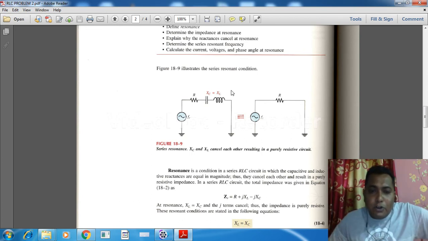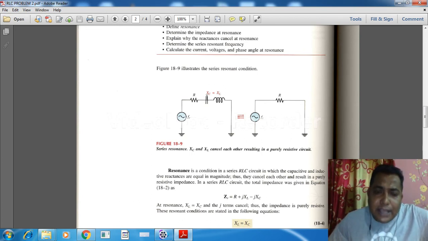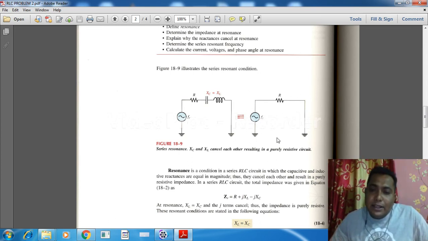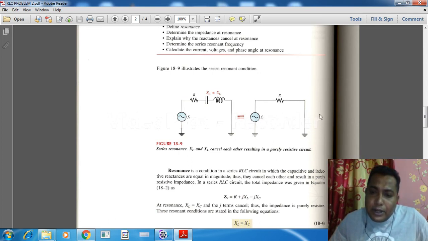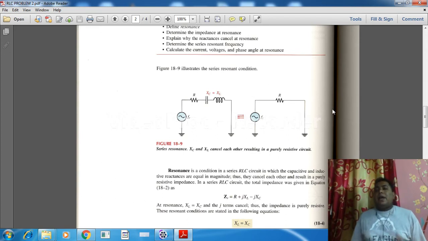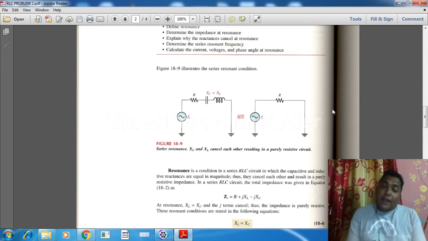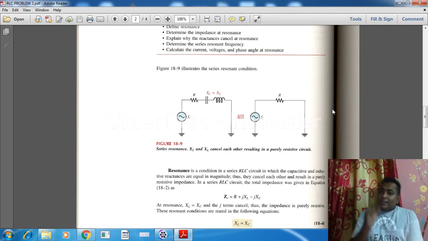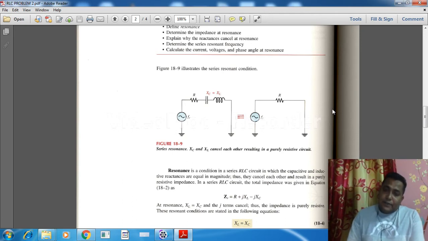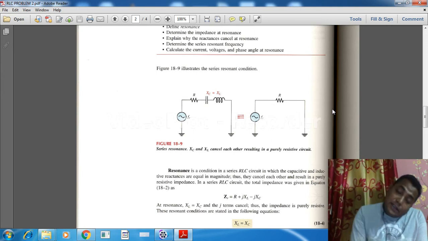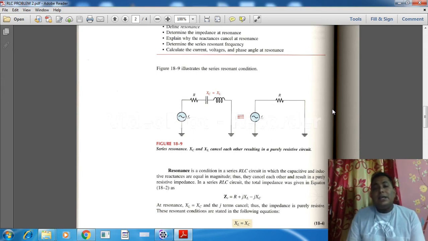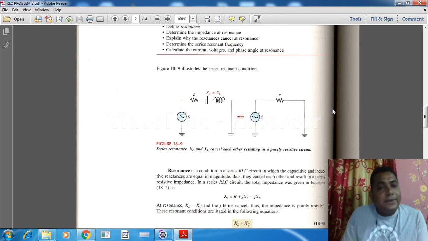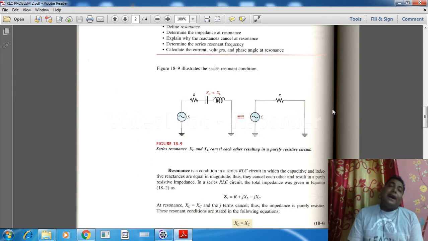It is shown there, follow my pointer. When the XL and XC values are equal, the circuit behaves like the right hand diagram. One very important thing is that this phenomenon occurs at a certain frequency, and that particular frequency is known as the resonating frequency, denoted by f suffix r, fr.